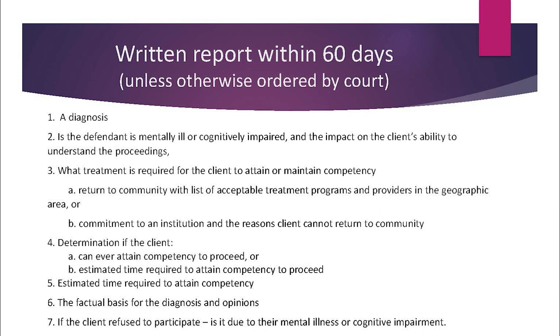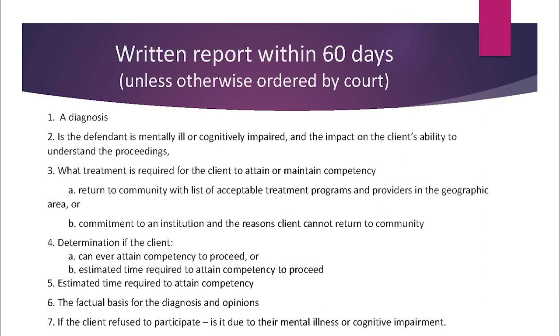So that report will have a diagnosis, a differentiation between whether the client is mentally ill or cognitively impaired, the treatment required to attain or maintain competency if they go back to the community, a list of treatment programs and providers in the geographic area where they live.